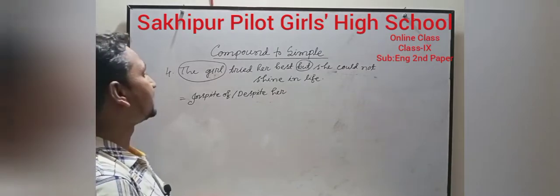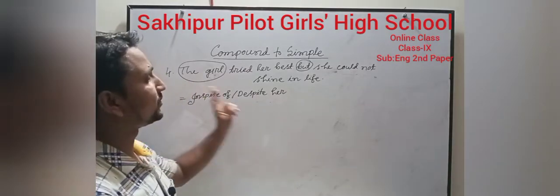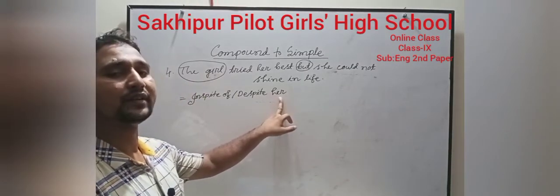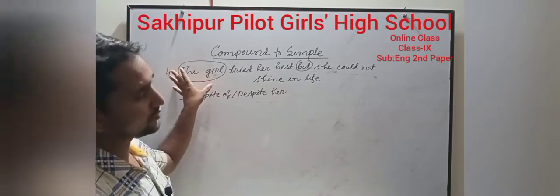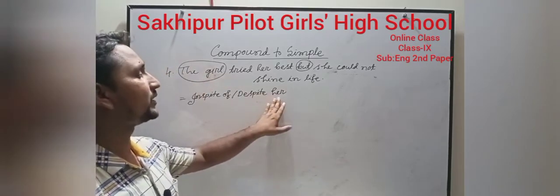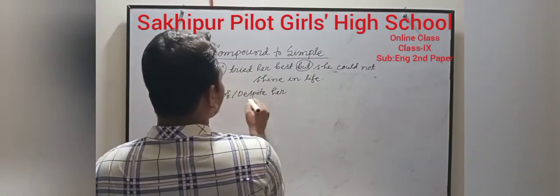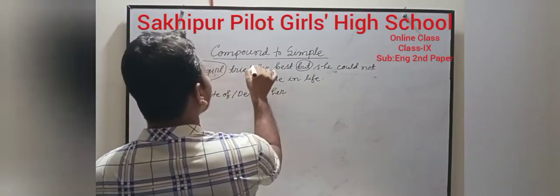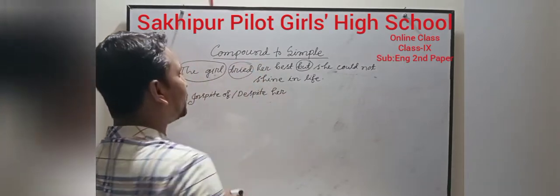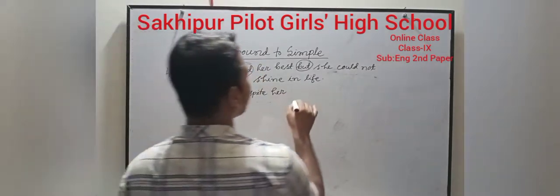If the subject is masculine, then the possessive form will be "his". If it is plural, then the possessive form is "their". After "in spite of" or "despite her", the verb will be changed into a participle.